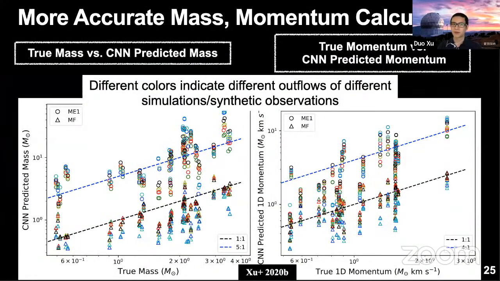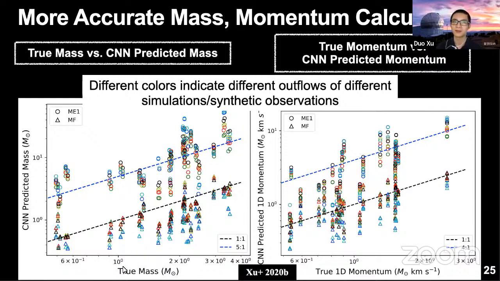Then, in simulation, we know exactly the mass, energy, or momentum that comes from feedback, or from the young star. And we conduct a similar approach as what observers do and compare that with the true energy, momentum, and mass that comes from feedback.